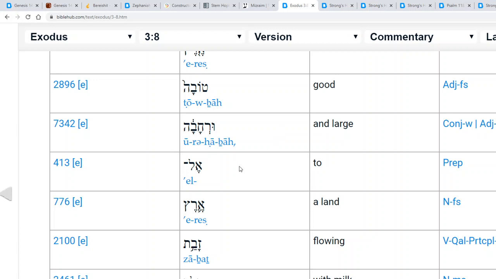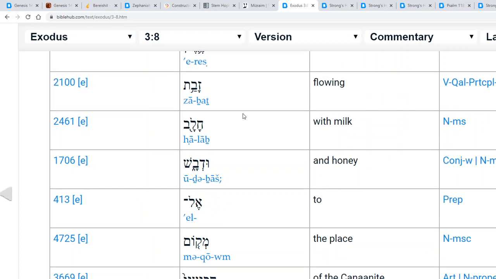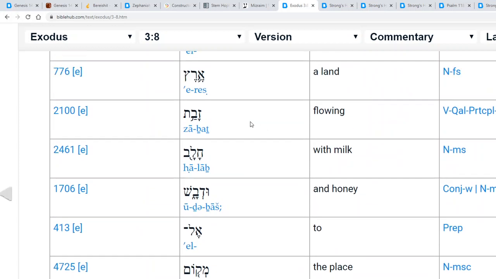El is the preposition with the aleph. Eretz means land. Zavat: so zav is zava, a root zayin bet, and probably the third root letter would be hey.